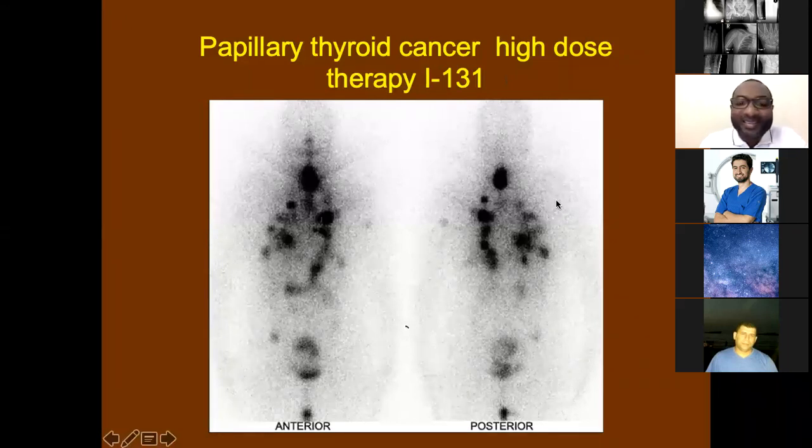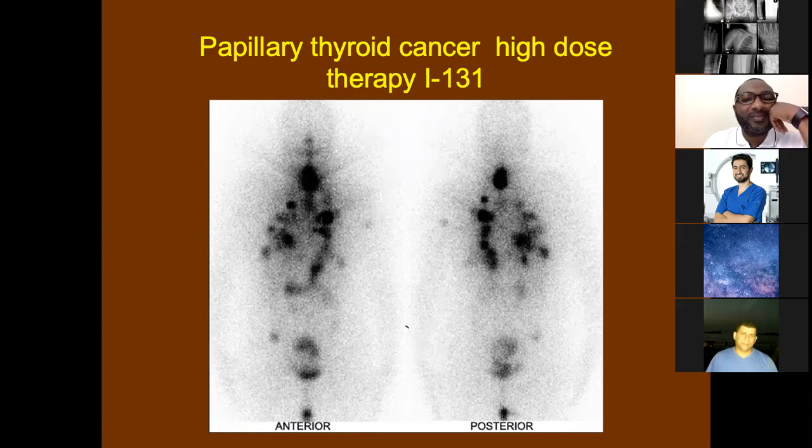A patient with thyroid cancer, with thyroid scintigraphy after high-dose therapy with iodine 131, showing increased uptake in the central area within the lower neck, which indicates iodine uptake, as well as numerous metastatic uptakes in the chest bilaterally.